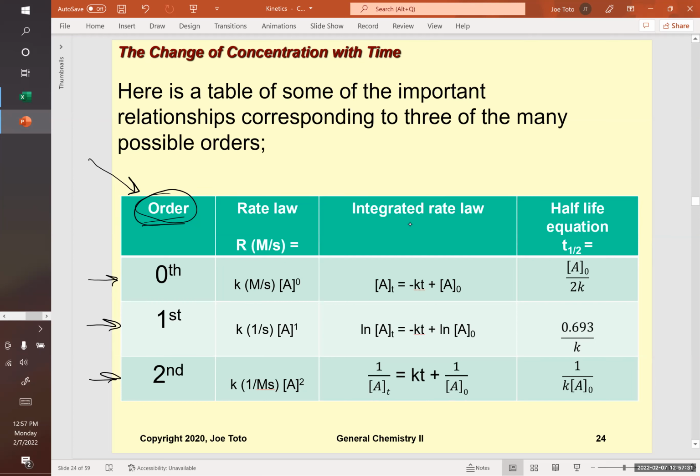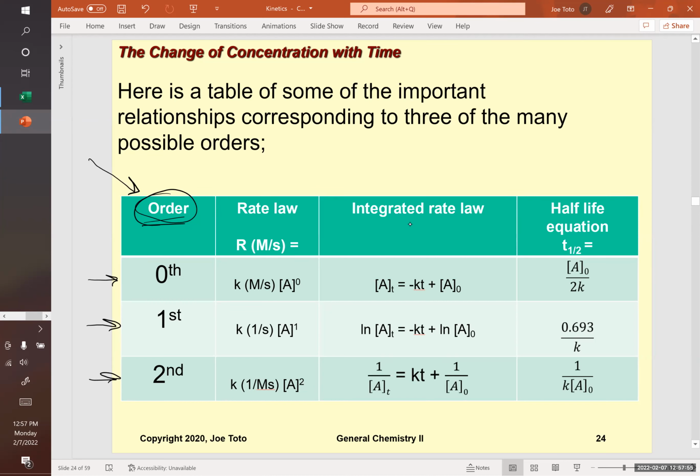Does that mean they're the only ones? No. We can have any fraction. It could even be negative. It could be any value. But these three are representative, and they are the ones usually discussed in Chem 201, second semester general chemistry.